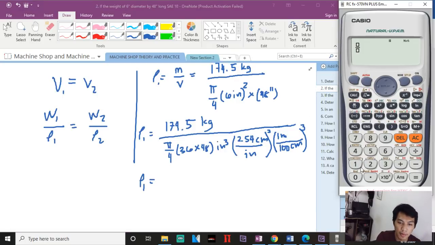Okay, so 174.5 over pi over 4, 6 times 6 is 36 times 48, times 2.54 cm per inch cube.